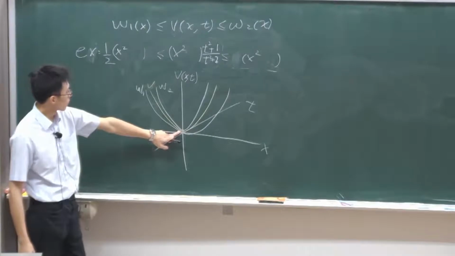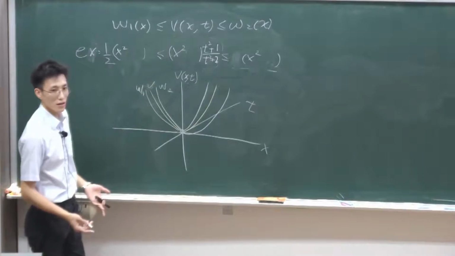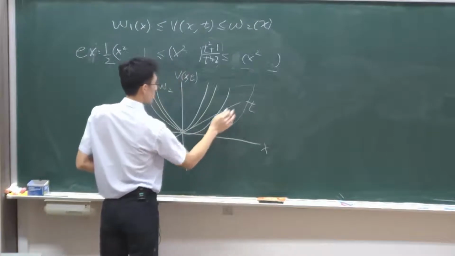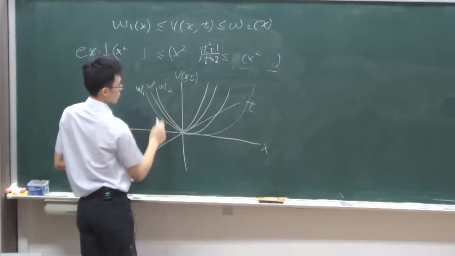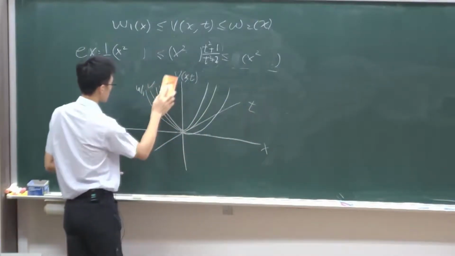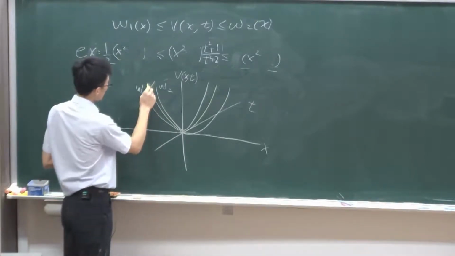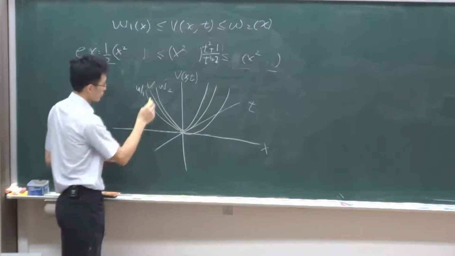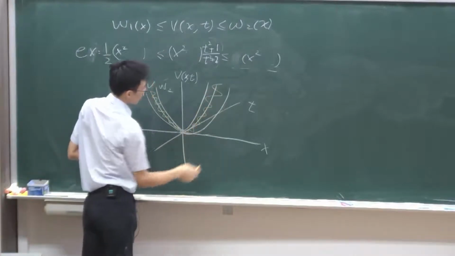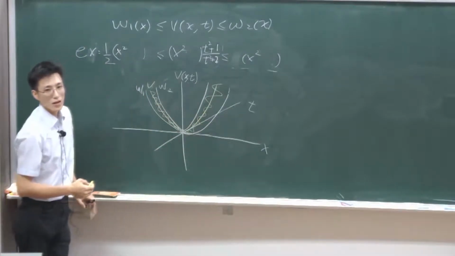We know that W1 doesn't depend on time, W2 also doesn't depend on time, so you can see that it will be constant. Imagine that no matter what t is, V is a time-varying function, it might be somewhere in between, but it's always upper and lower bounded by W1 and W2, right?